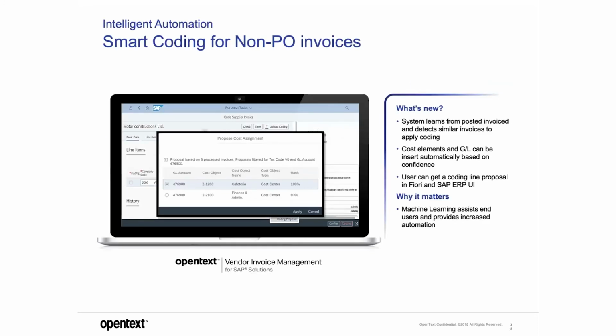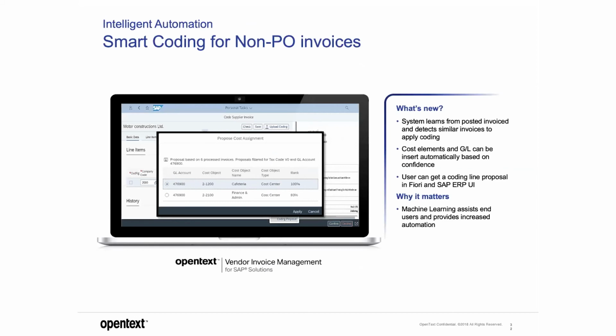Right. Similarly, we have also given an option of smart coding for non-PO invoices, which is based on machine learning technology. So typically what happens in a non-PO scenario, there is no reference in the backend and it requires invoices to be routed to the respective department who has to manually enter the GL data and the cost center data, right? So this is what we can automate.